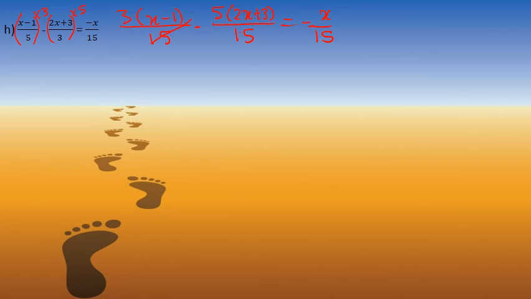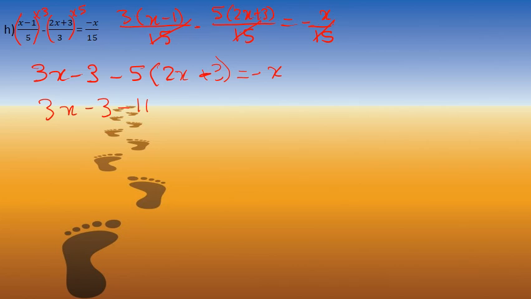We cancel 15 over 15 over 15 and we get rid of the parentheses. 3x minus 3 minus 5 into 2x plus 3 is equal to minus x. Now 3x minus 3 minus 10x minus 15 is equal to minus x.